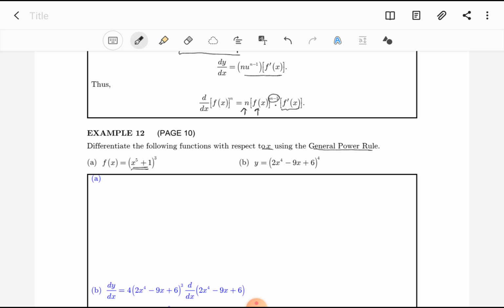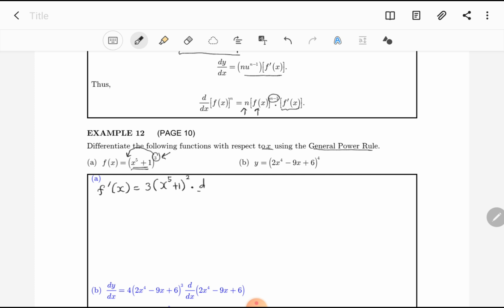So now, f prime of x equals, okay, bring down the power. So we have 3 times, copy the inner function, (x to the power of 5 plus 1), reduce the power by 1, so we have power of 2.